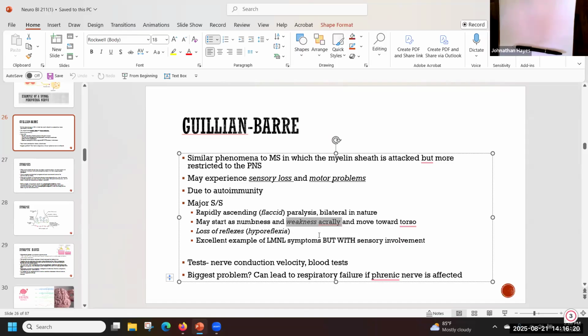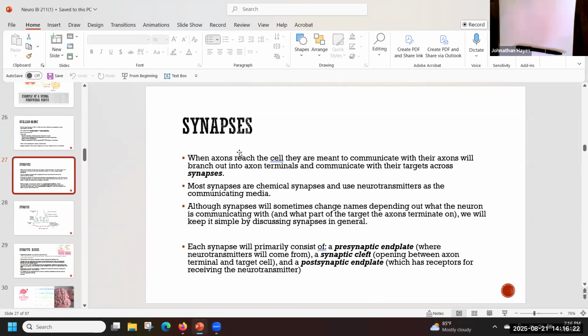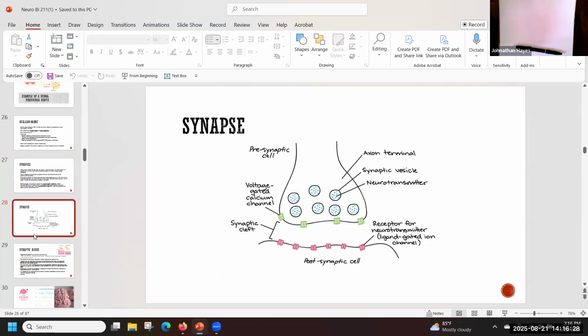Let's see. Just read over synapses. Again, the synapse is where some type of axon terminal meets with the target cell it's trying to communicate with. Sometimes the synapse is referred to as the space, but it's actually made up of components: a presynaptic end plate, the synaptic cleft, and a postsynaptic end plate.